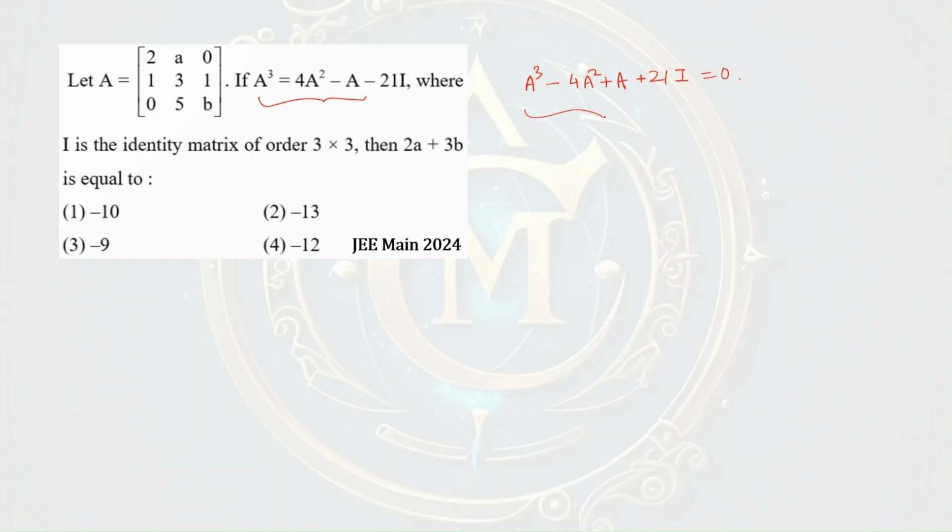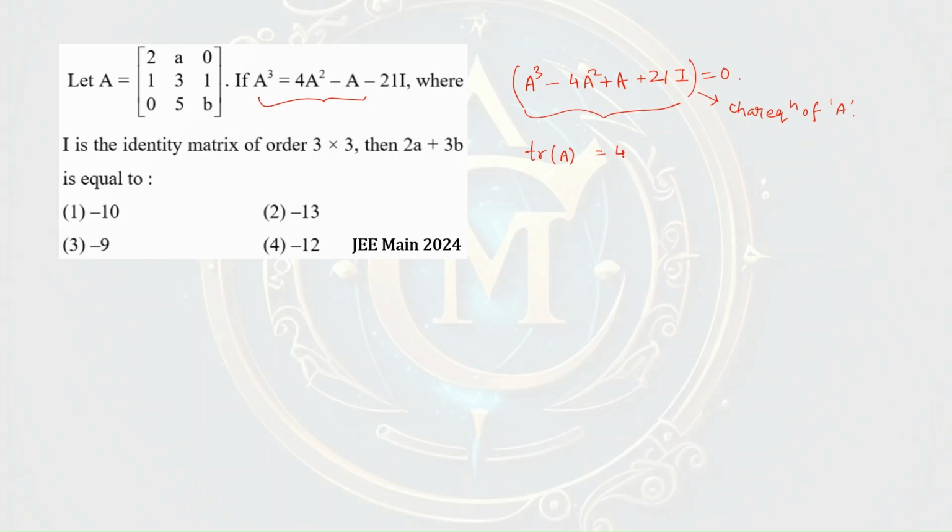Now as A satisfies this equation, we can say that this is the characteristic equation of A. So from here we can easily determine trace of A and determinant of A. So trace of A is minus this coefficient divided by 1.